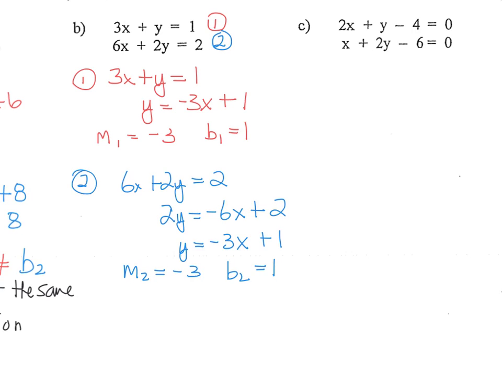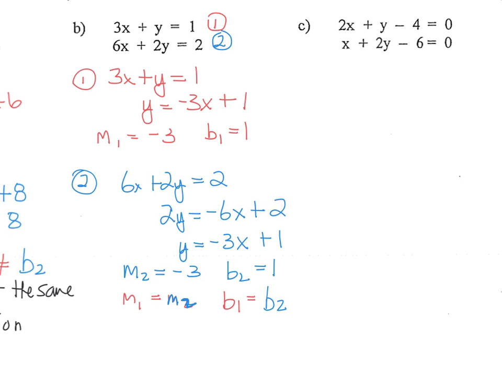Now we can see that m1 equals m2, and we have that b1 also equals b2. So these are really the same lines.